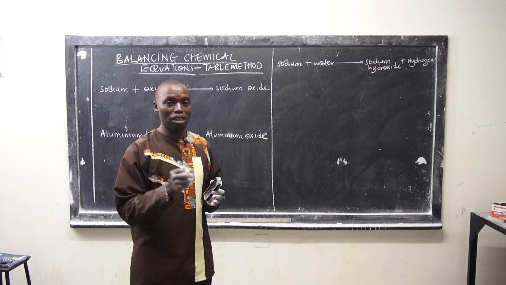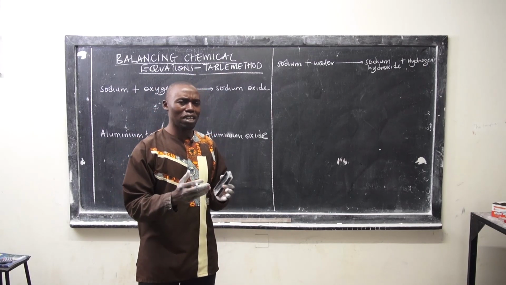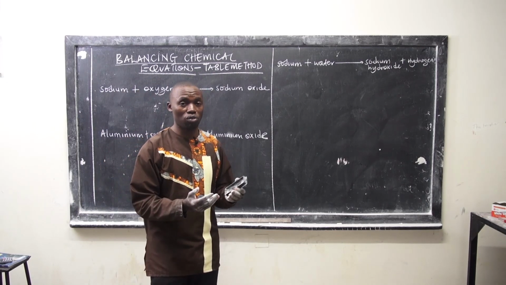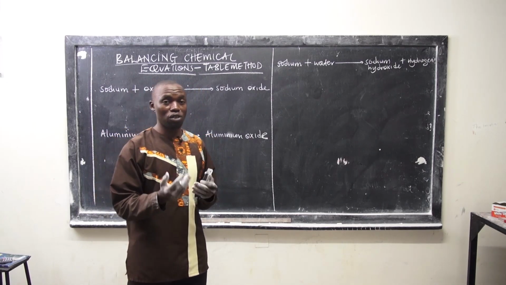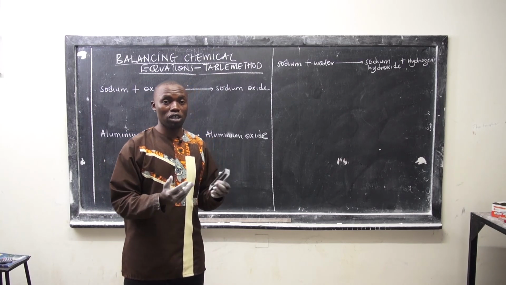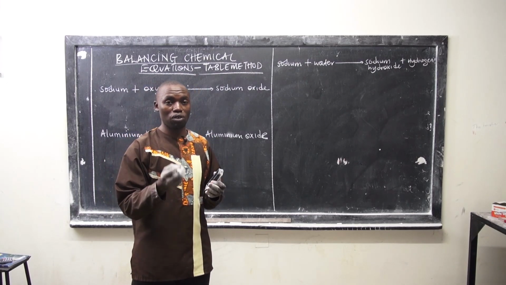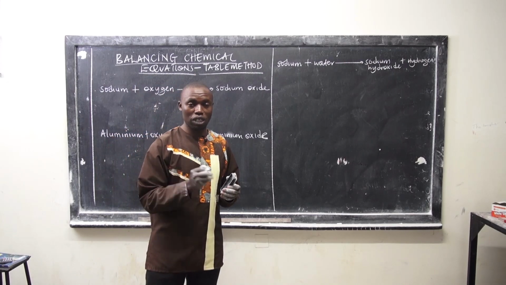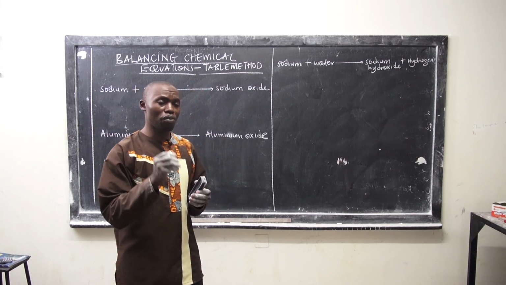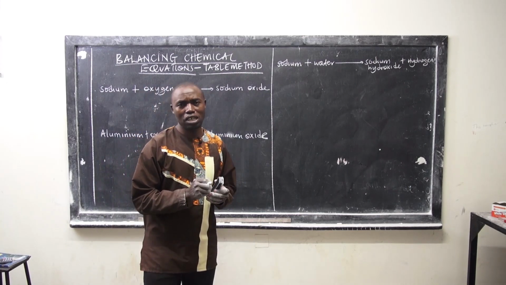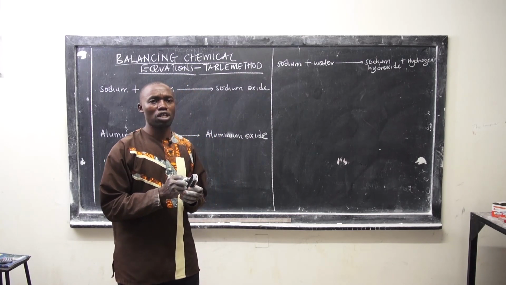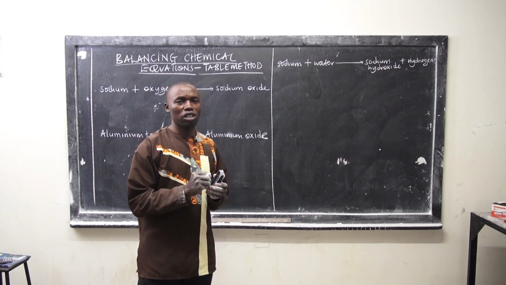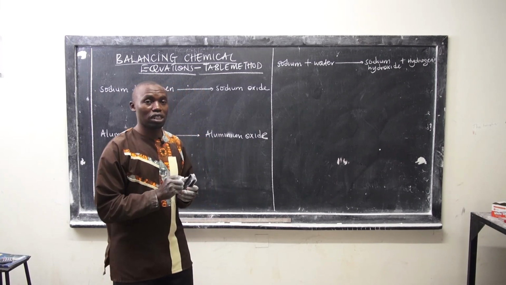Then we have the algebra method for quite hard equations mixed with simple equations, so it can balance almost all equations if they are not ionic equations, because some ionic equations will have lost some terms, so it can't balance ionic equations effectively. So we have another advanced method for balancing ionic equations called the redox method. I'll present it in one of the videos, but this is for advanced students.